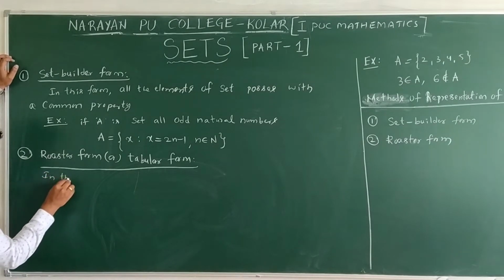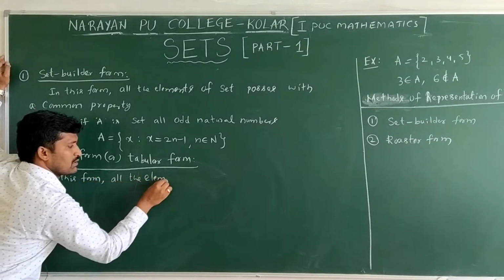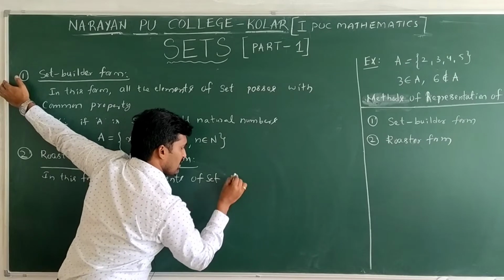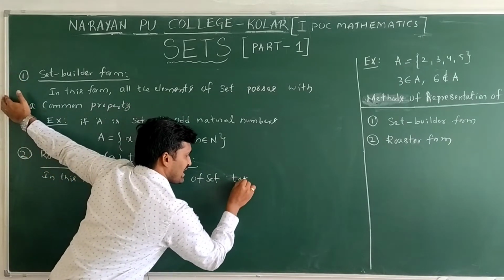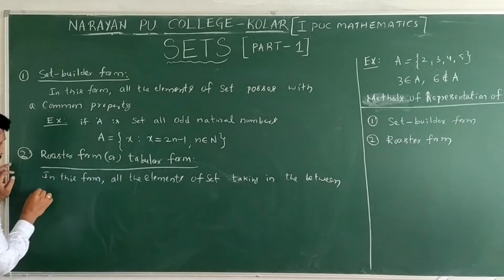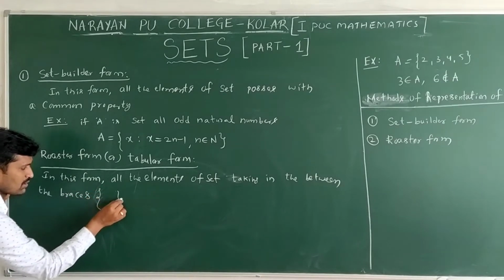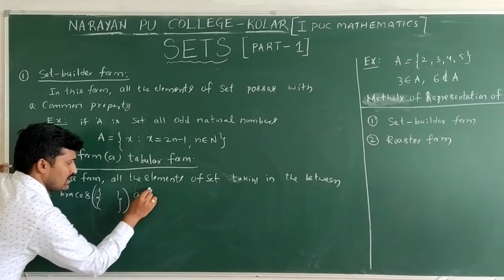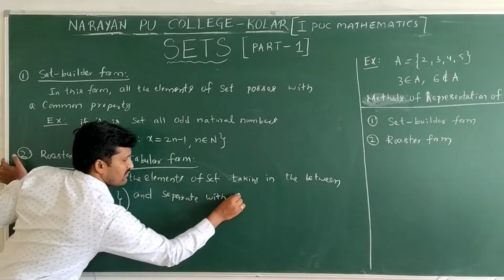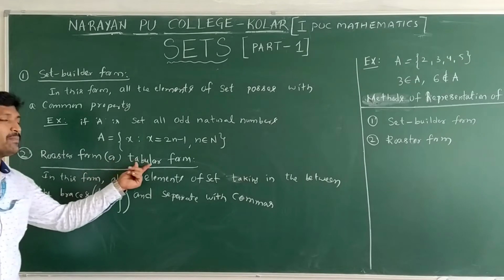In this form, all the elements of set taken in between the braces and separated with commas is called a roster form or tabular form.